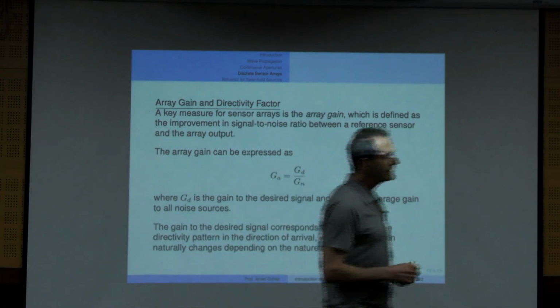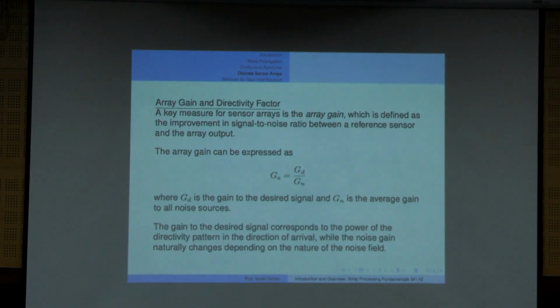So if instead of using one sensor, I use an n-sensor array, I ask myself, what is the improvement in signal to noise ratio? This improvement is called array gain.